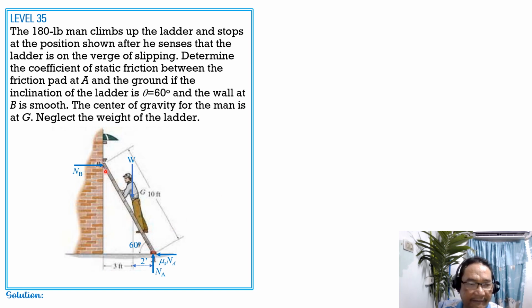And the vertical distance between A and B is hypotenuse 10 times sine of 60 degrees, so 10 sine of 60 degrees. Then summation forces vertical equals 0, so normal at A is equal to W.